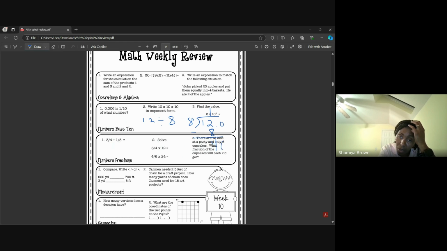Then I can bring that 0 down. 8 will go into 40 five times, but I have a decimal right here now. If I multiply 8 times 5, that gives me 40, so that's going to give me 0. So it should be 1.5 cupcakes. Each kid will get 1.5 cupcakes. So that's 1.5 or 1 1/2.